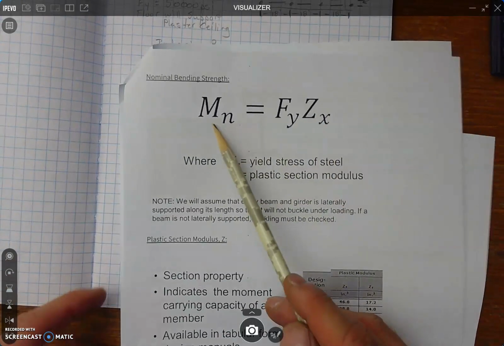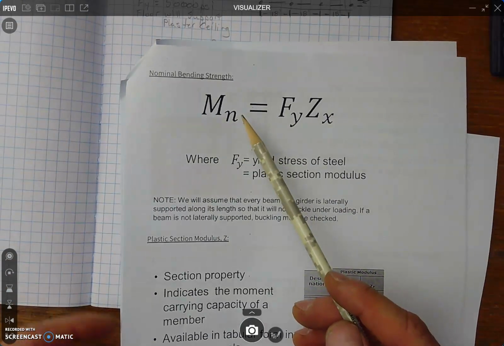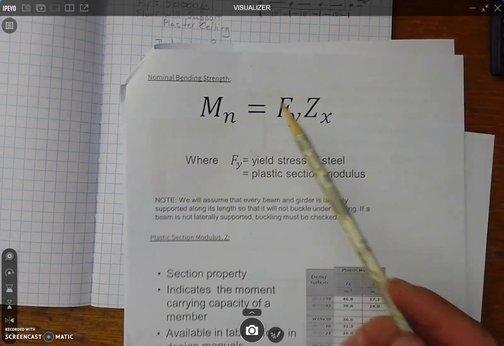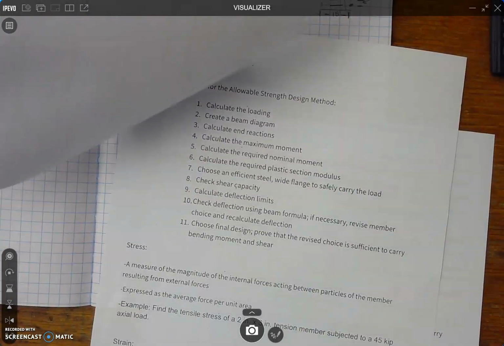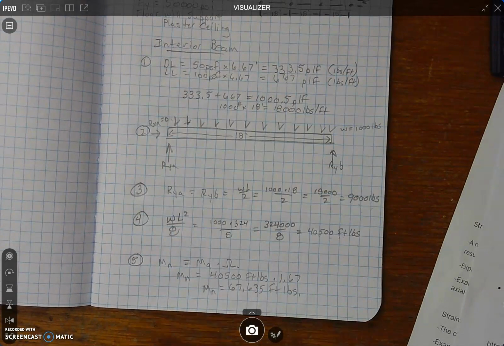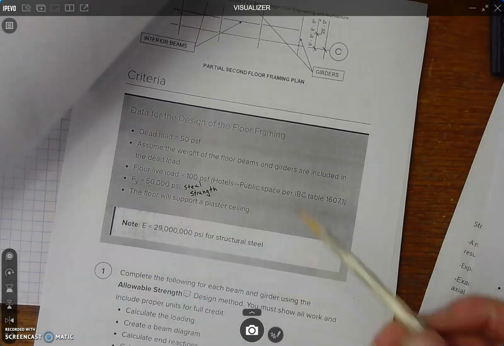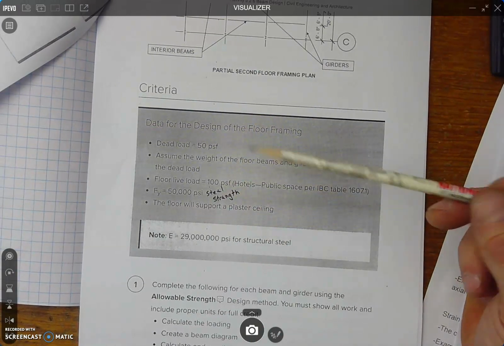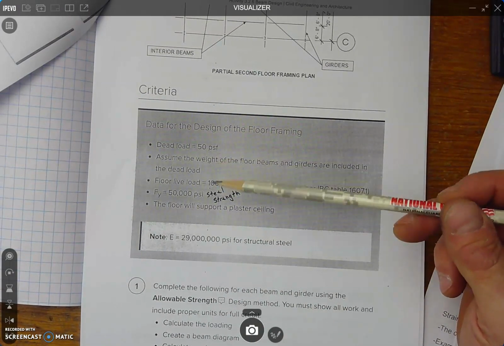So we just figured out Mn, and at the very beginning of this little exercise, I got a lot of papers. They gave us these facts, right? They gave us our dead load and our live load, which we've already used.